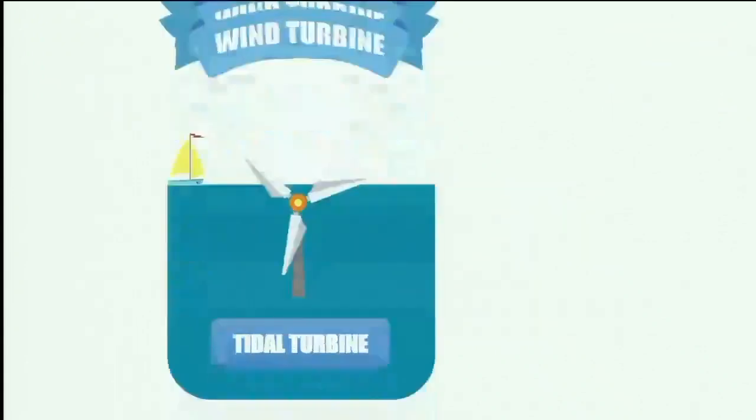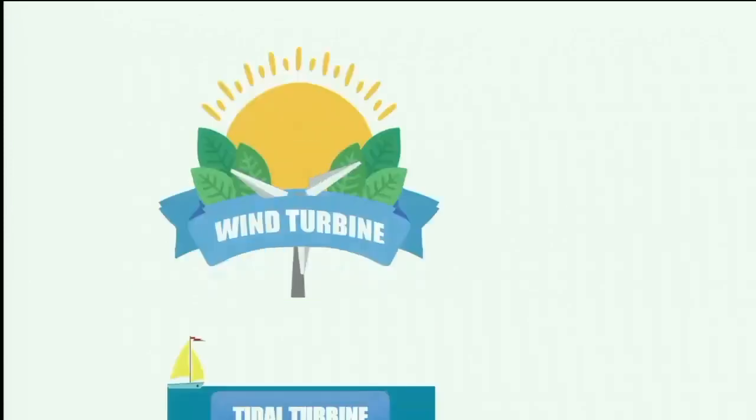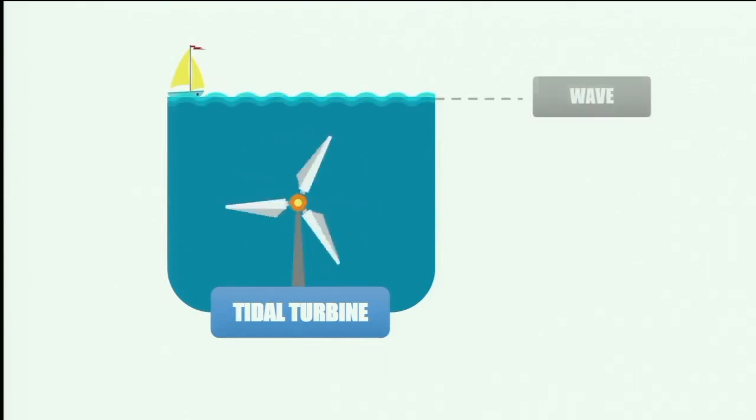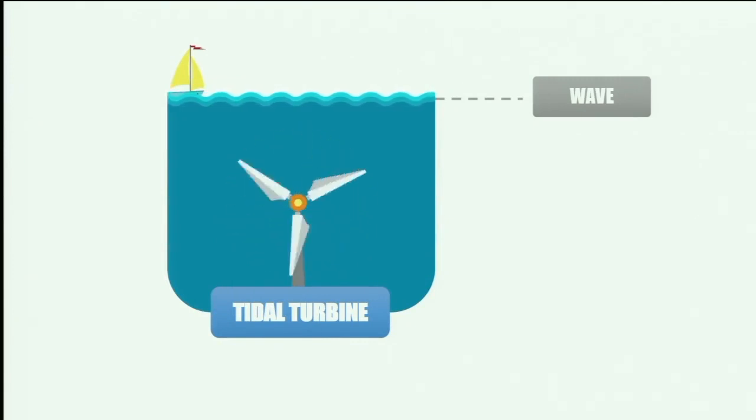You might be familiar with the concept of wind turbine, but what we investigated is a similar concept, but under the water. So we have tidal turbine, and the main constraint we have compared with wind turbine is that we have free surface. So particularly what the free surface does is to induce flow velocity variation.